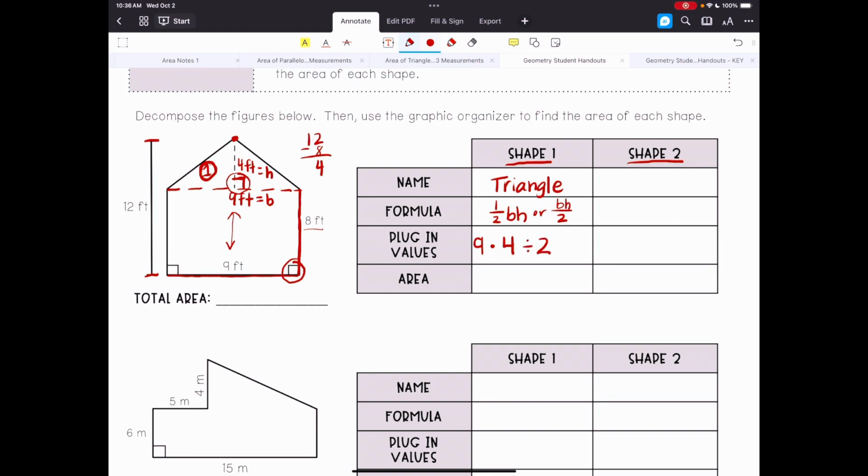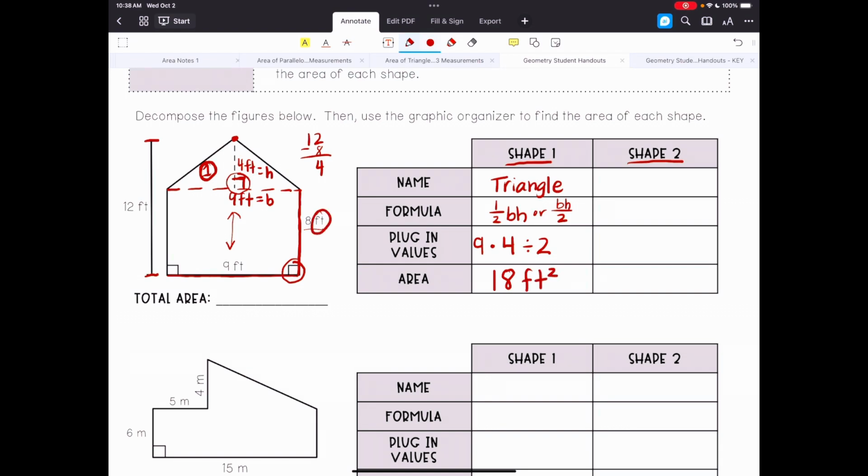So with your calculators, we're going to type that in, 9 times 4 divided by 2. I'll give you a second to do that. And we should have come up with 18, and we have feet as my unit, so feet squared.